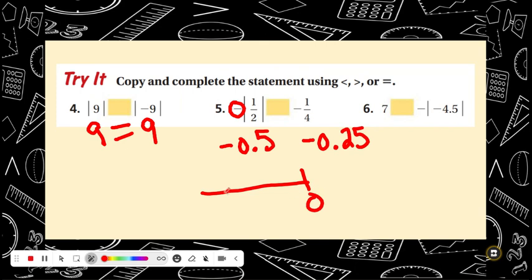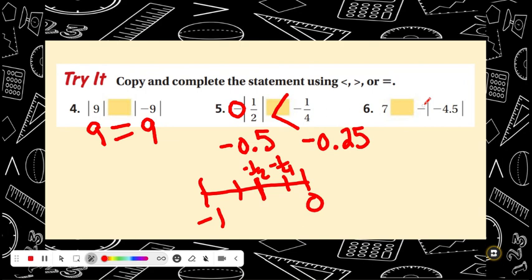If we have 0, we have -1, and we cut it into 4ths. There's my half mark. Okay, 1/4 would be here. -1/4 would be here. -1/2 would be here. So -1/2 is further from 0. It's going further away, so it's less than.